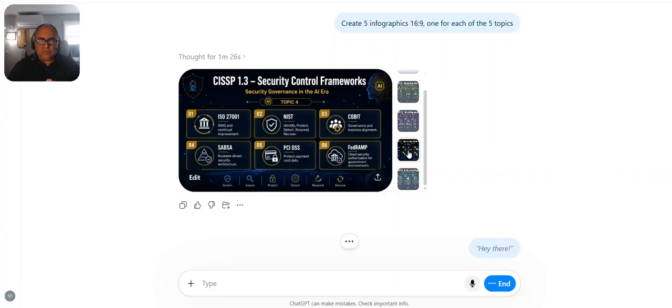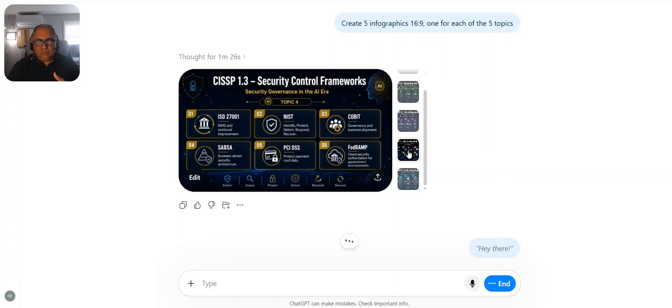Security control frameworks are standardized models that guide organizations in managing risk and ensuring compliance. For instance, ISO 27001 focuses on establishing an information security management system. Companies use it to continually improve their security posture. NIST, particularly its cybersecurity framework, helps map risks to actions. Organizations often use it to prioritize security measures. COBIT aligns IT governance with business goals, helping companies manage IT processes holistically.